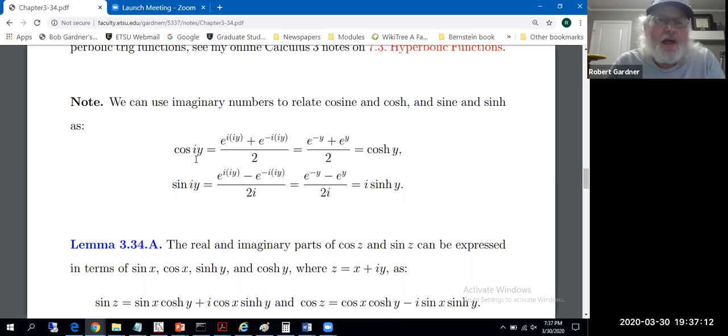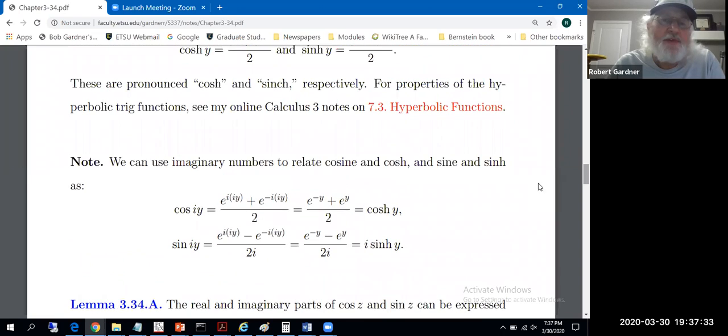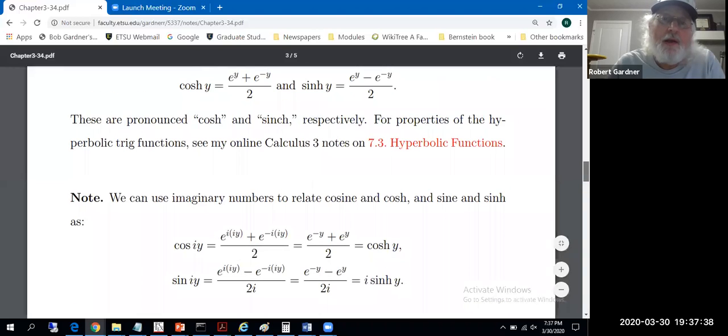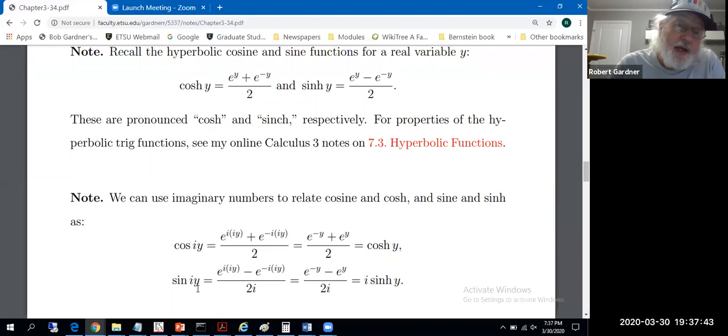If we take the cosine of iy, here's our definition of cosine in terms of exponential functions with z replaced with iy, and these imaginary numbers, these i's get together and we lose the imaginary stuff. We're left with some real stuff, and out pops from cosine iy a hyperbolic cosine, cosh y, and you see the definition of it up here at the top of the screen. Similarly, sine iy, follow your nose from the definition, will lead you to i sinh y.